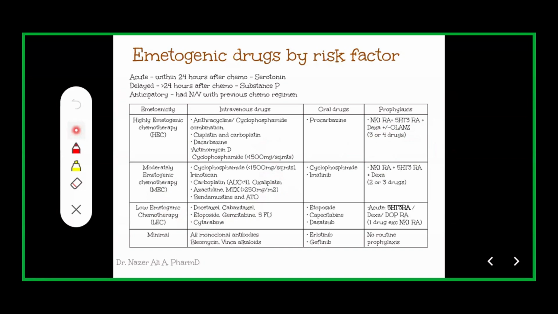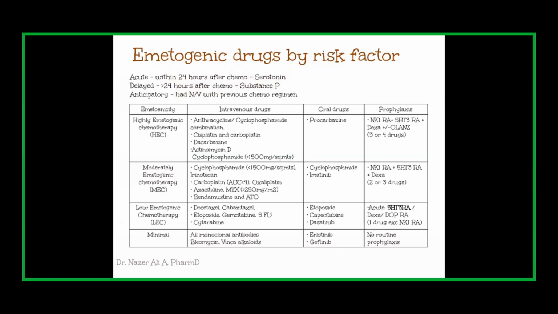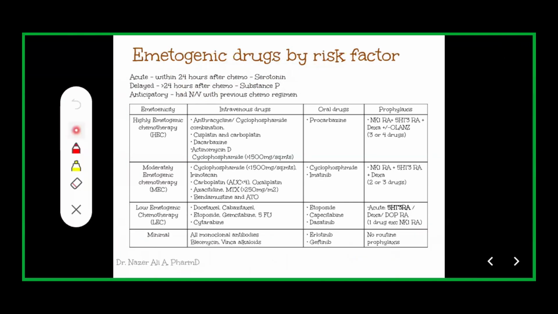The primary choice is a 5-HT3 receptor antagonist, because the central pathway deals with the delayed phase. Delayed means after 24 hours of the chemo, which is controlled by substance P. Acute is within 24 hours. So for that, it is better to give the serotonin receptor antagonists. And for minimally emetogenic drugs, especially all the monoclonal antibodies, we will not be giving any antiemetic prophylaxis. There is no need.